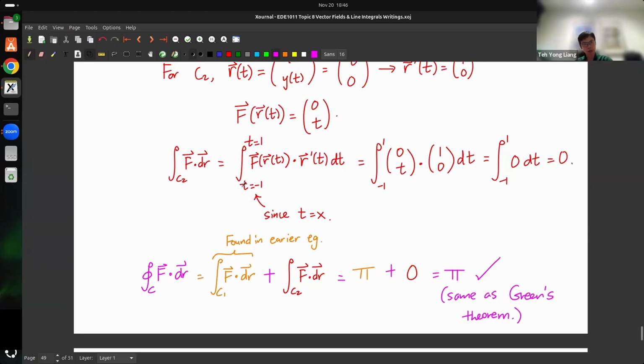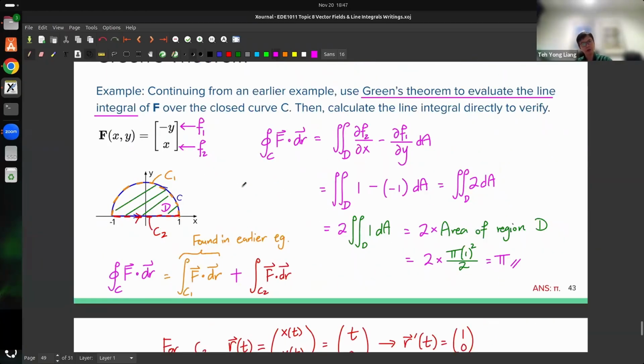If the derivatives inside the Green's theorem expression are very complicated, then the double integral is not easy to perform because of the complicated integrand, and Green's theorem will not be beneficial. It might be more beneficial to integrate the line integral directly.